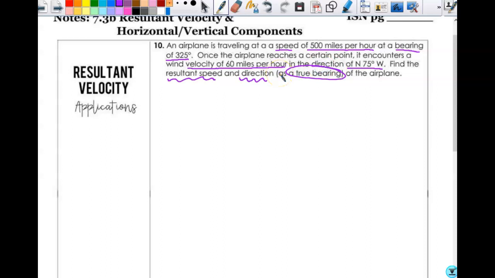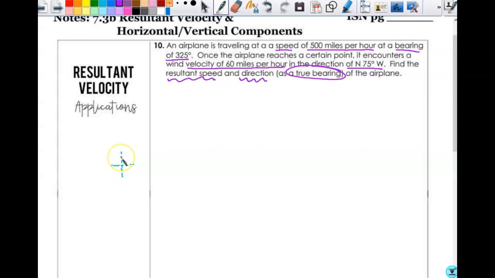Okay, so I'm going to draw myself a little picture that isn't 100% accurate, but it gives me something to think about. So this is just my north, south, east, west here. So if my airplane's traveling 500 miles per hour, bearing of 325. So I know if I come around to here, so if my bearing starts here, this is 180, this is 270, 325.